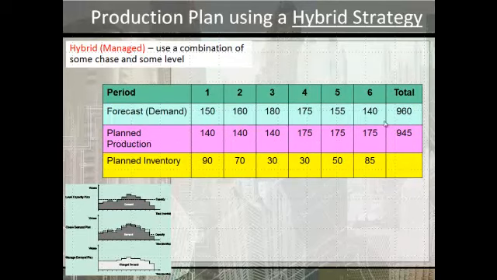With the hybrid system we've got our demand as it was in the previous two examples, but we've set our production at 140 units for the first 3 months, in order to satisfy demand, which in all 3 months is in excess of planned production. So even though we're making 140, we're short by 10 units.